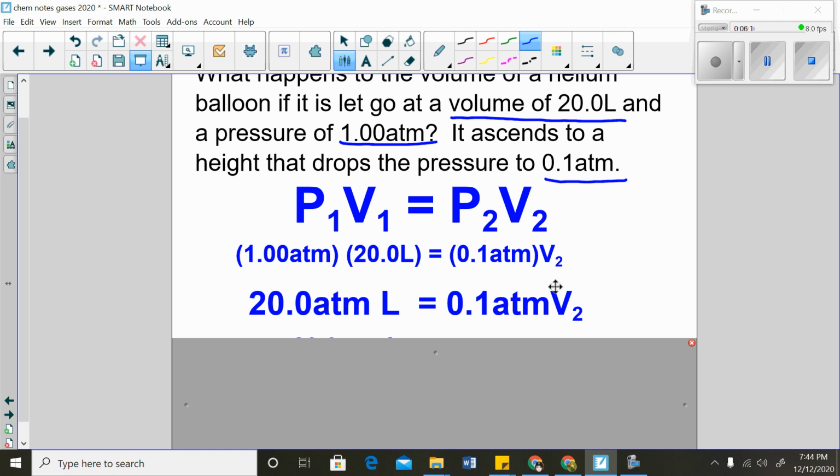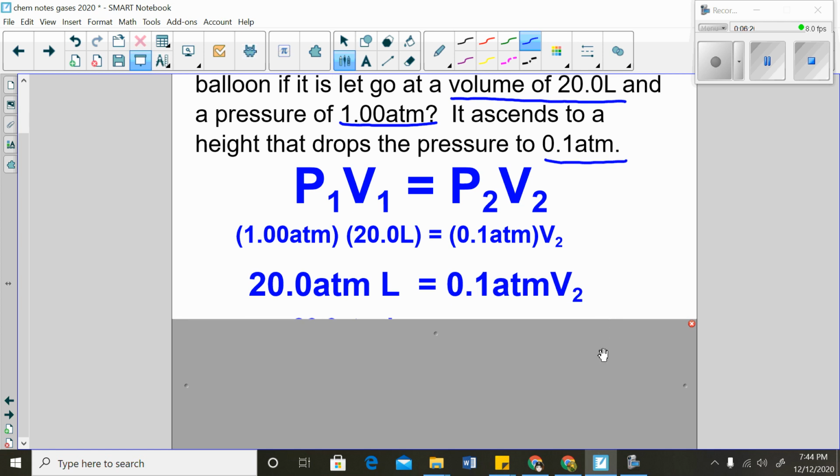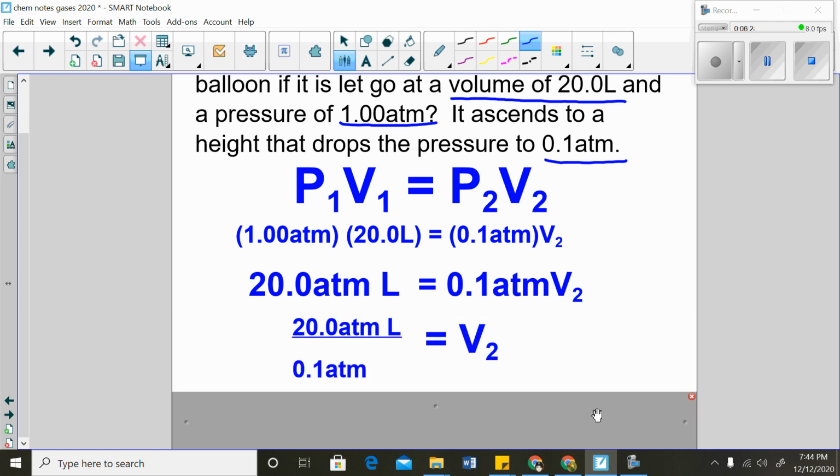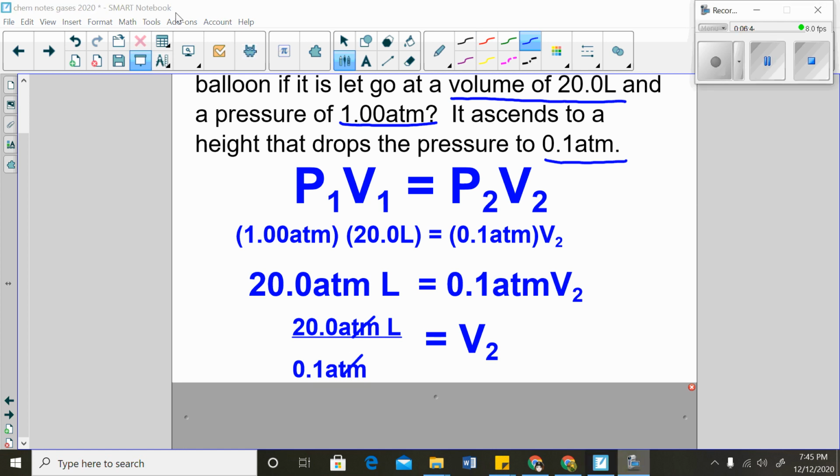Now the question is, how do we get V2 by itself? Well, 0.1 atm is being multiplied by V2, so to move it to the other side, you will have to divide. So you take 20.0 atm liter divided by 0.1 atm. Your atms will cancel out, and you will be left with liters.